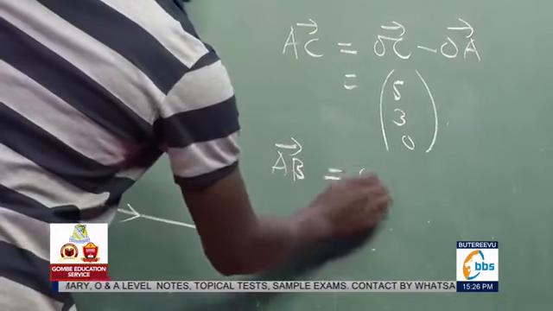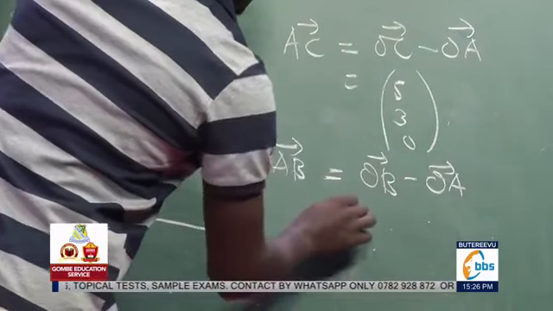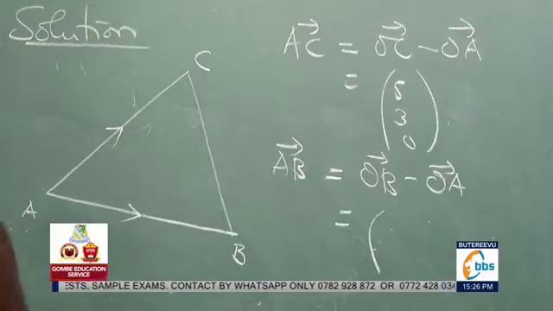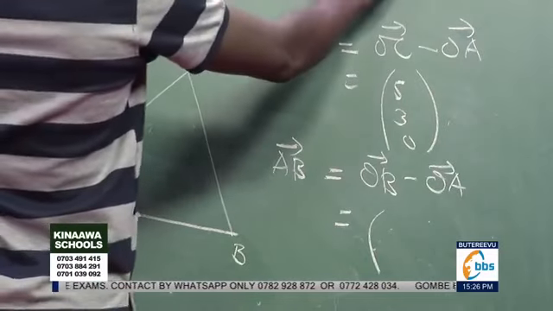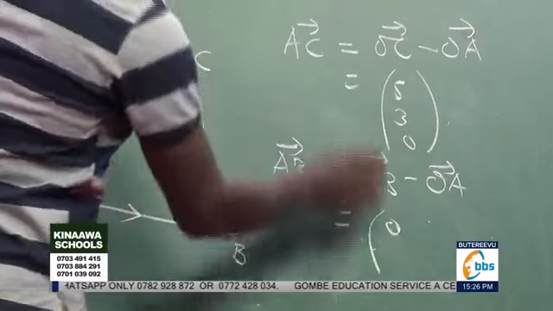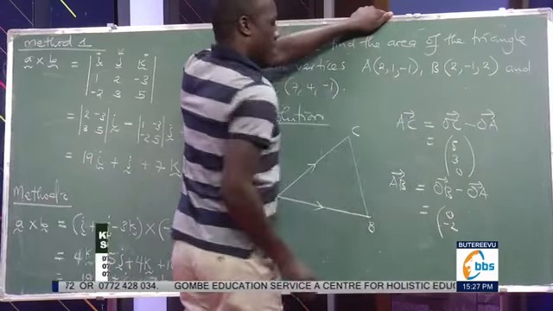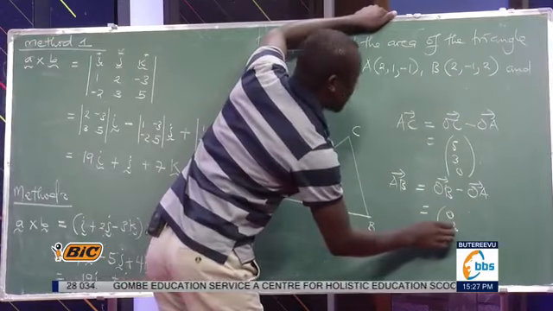And then we could also find the vector AB, which is OB minus OA. That is 2 minus 2, that is 0, -1 minus 1 is -2, and then 2 minus -1, that is 3.